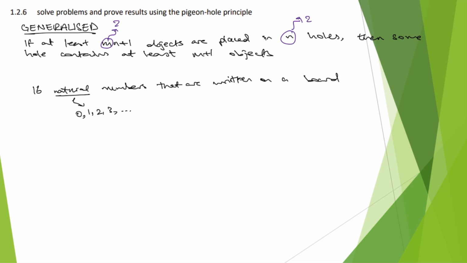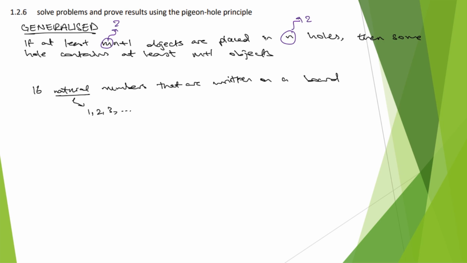Sometimes it does include 0, but in this case, let's say it doesn't, just for the sake of simplicity. Usually whole numbers are the ones that specifically do not include 0, while natural numbers can include 0.